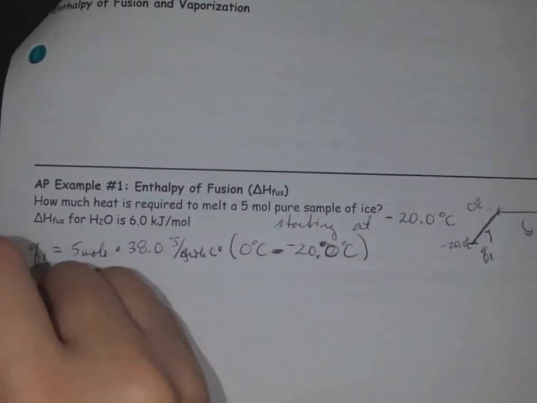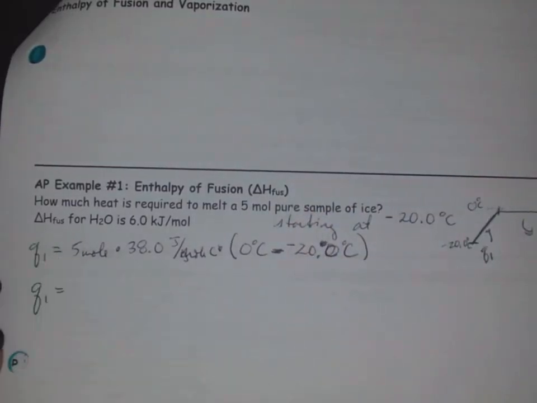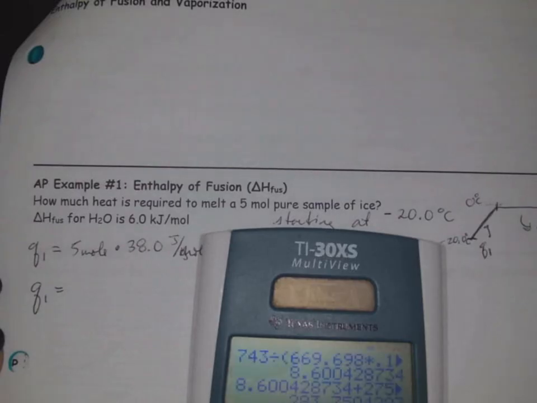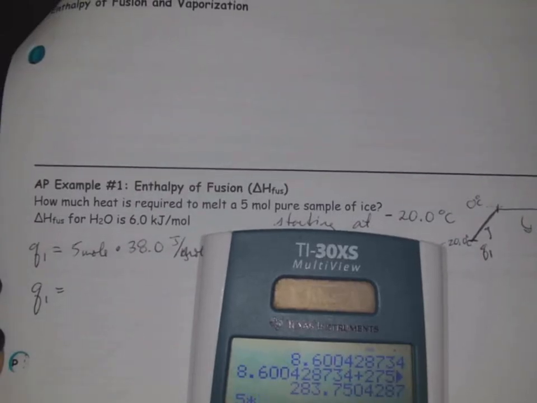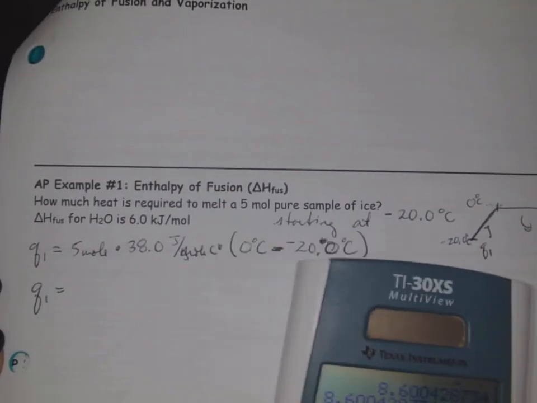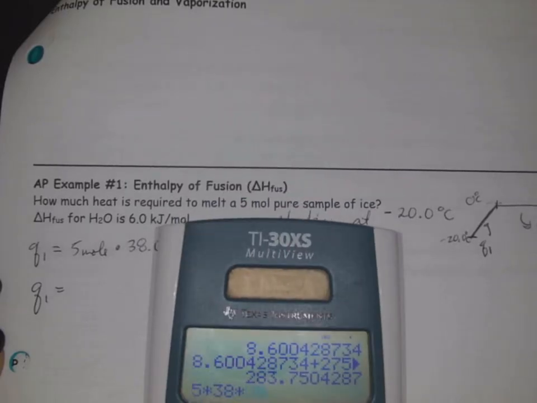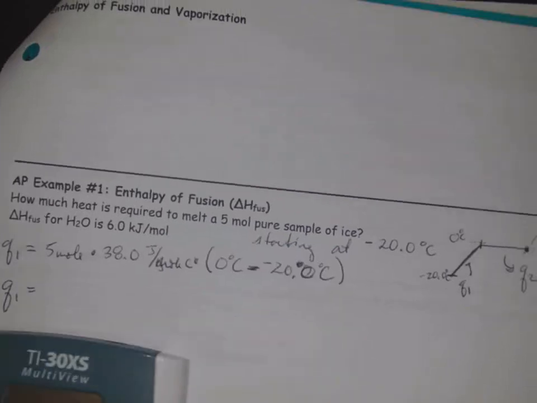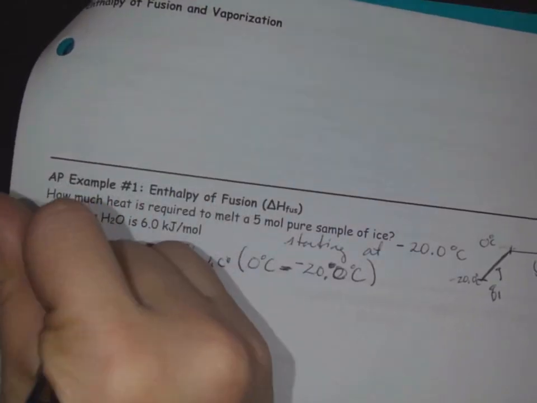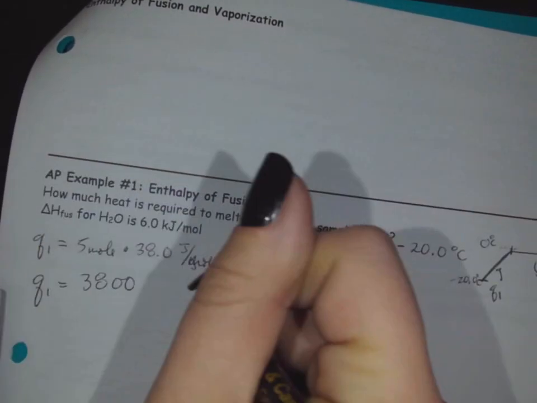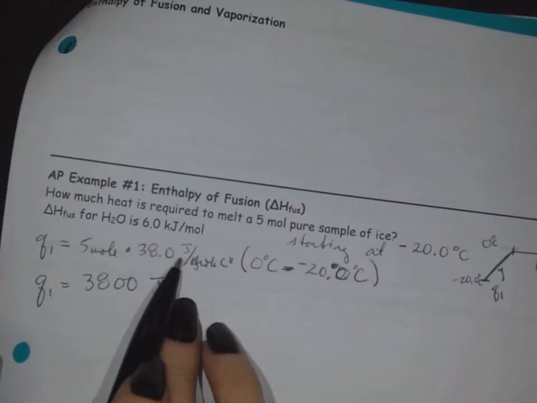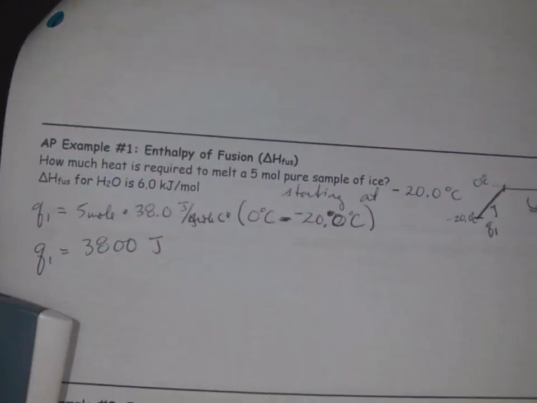All right, so 5 times 38 times 0 minus a negative 20, so times positive 20. So this equals 3,800 joules, not kilojoules, joules.